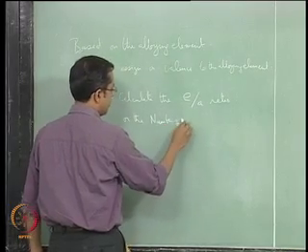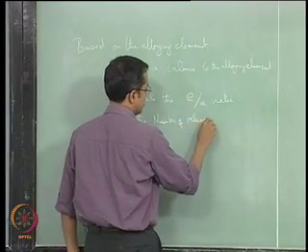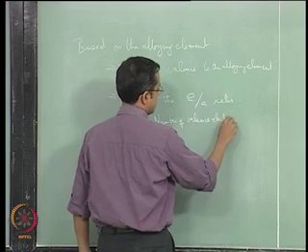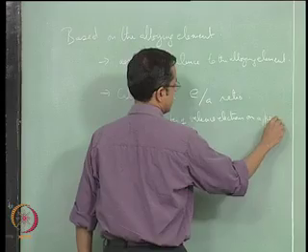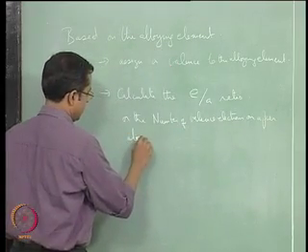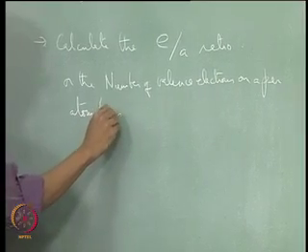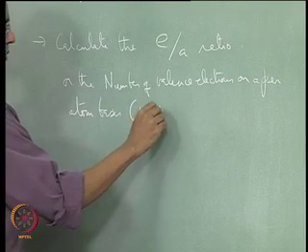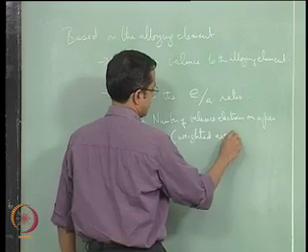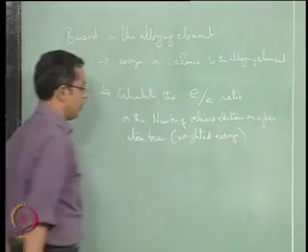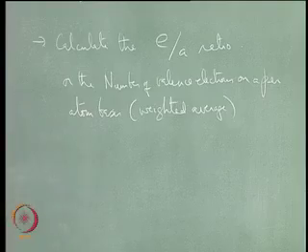This is the average, okay, number of valence electrons on a per atom basis. So an appropriately weighted average we get.